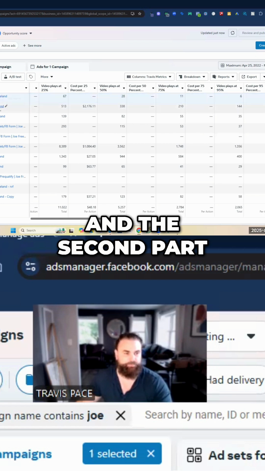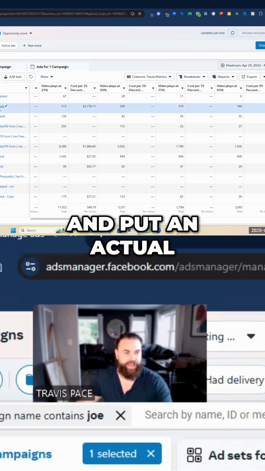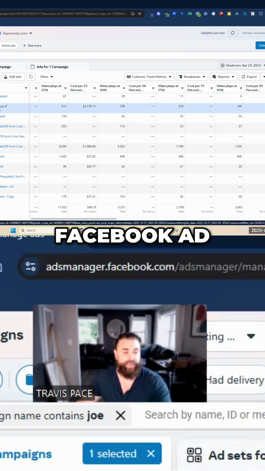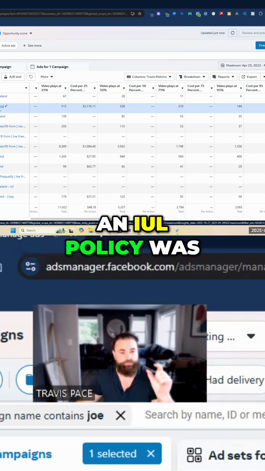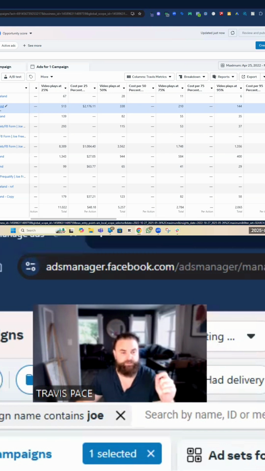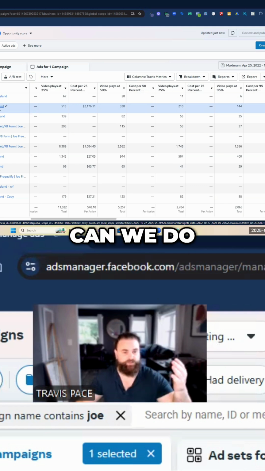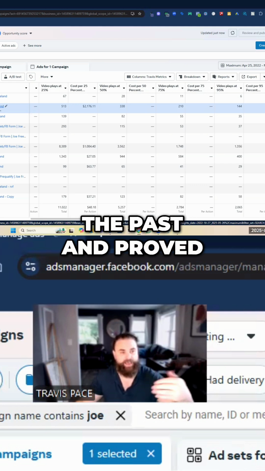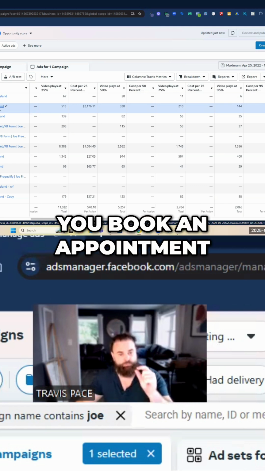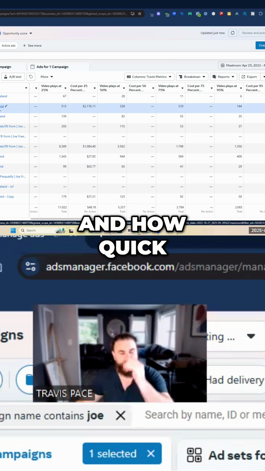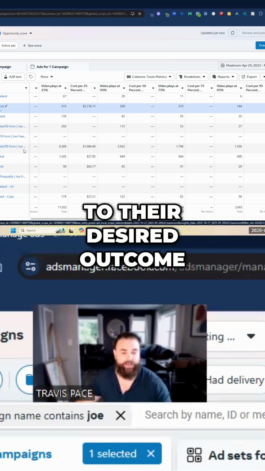And the second part that we did was take those people and put an actual Facebook ad explaining exactly what type of life insurance policy an IUL policy was going to do for them and what three problems do they have, what three major solutions can we do, have we done it for other people in the past and proved that we're trustworthy with it, what to expect if you book an appointment with this agent, and how quick, easy, painless, and fast it's going to be to get to their desired outcome.